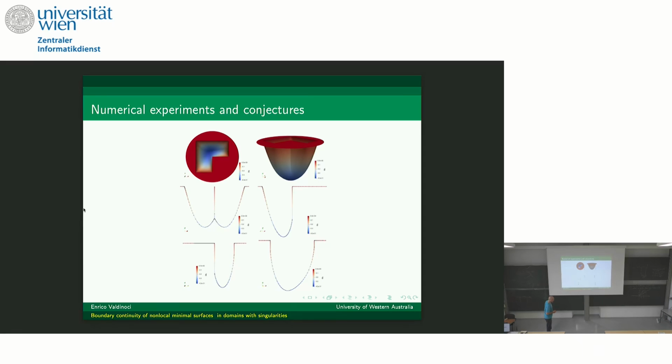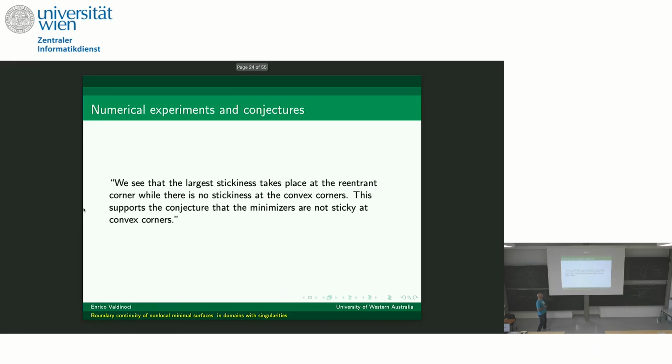If you see, it's kind of smallish, but it's a vertical segment here. And this, I think, is from here to here, so you have stickiness from both sides. But then it's curious in the sense that stickiness seems to be affected by corners and seems to be affected by different types of corners.